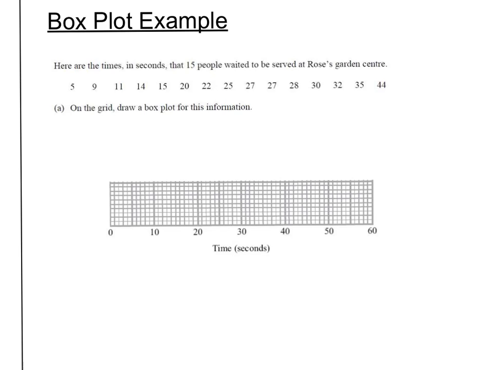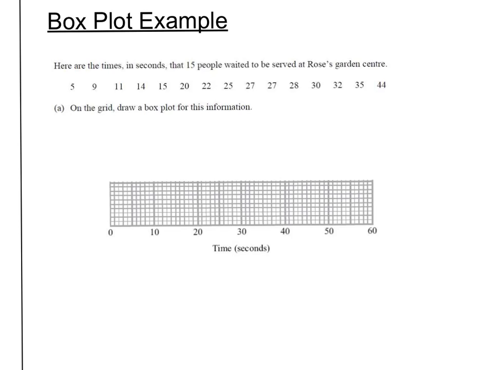So let's work through this, and then it should enable you to do both types of question, as long as you can do cumulative frequency graphs as well. So you might need to refer back to a previous clip of mine on how to complete a cumulative frequency graph.